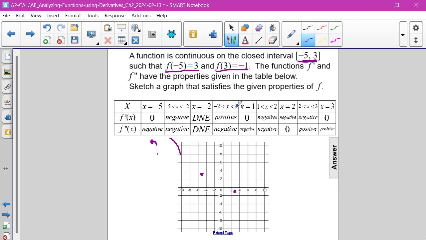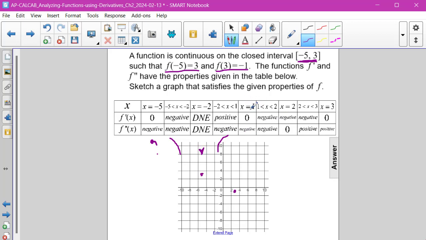From -2 to +1 for x values, the first derivative is positive, meaning it's increasing, but the second derivative is negative, so it will still be concave down. So yes, at x equals -2, it looks like we're going to have a cusp.